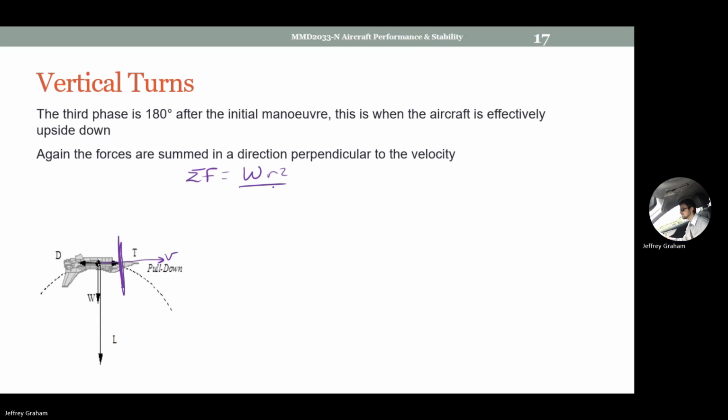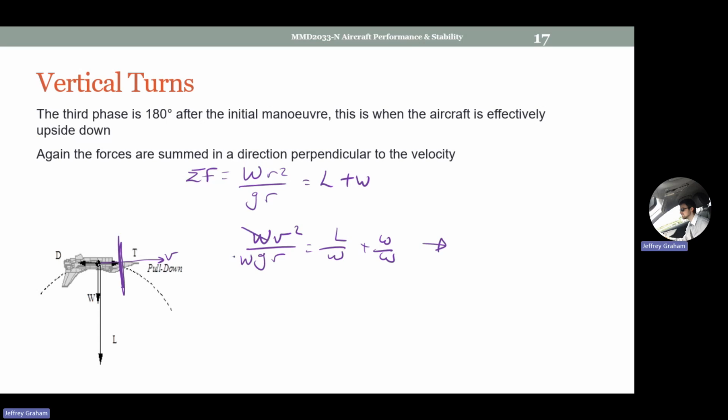So we've got centripetal force. This time, you've got the lift and the weight acting in the same direction. Right, divide through by the weight on that side, divide through by the weight there.